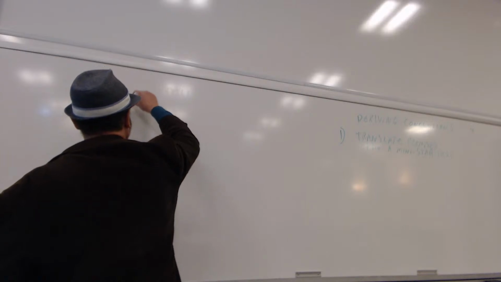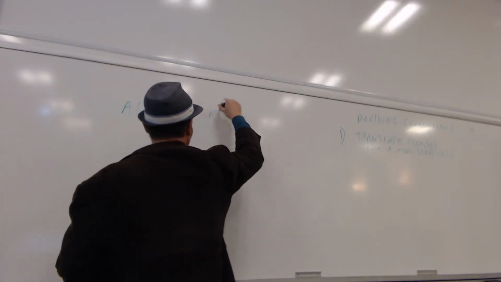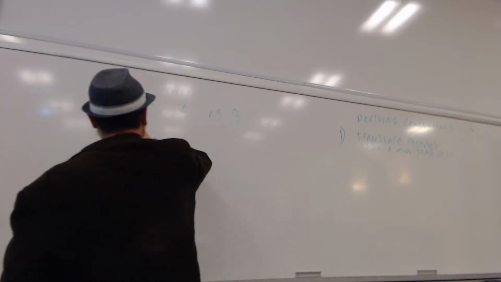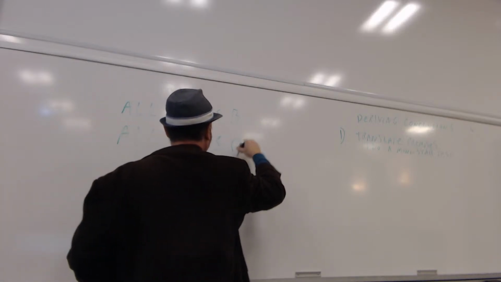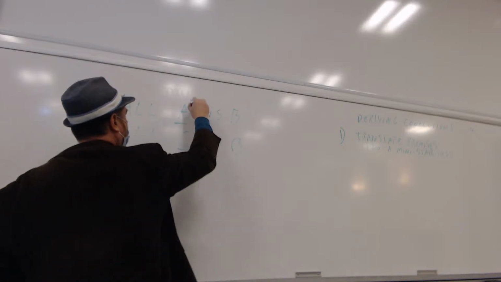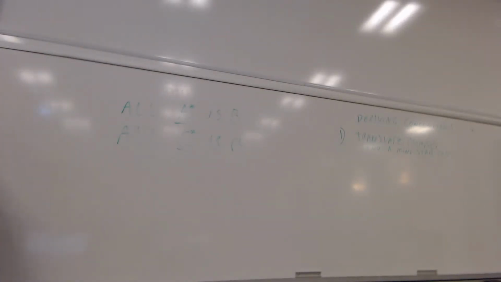If you have an argument where a capital letter appears twice and it hasn't been starred. So something like this: All A is B, all C is B. We then distribute and star. And on step 1, we can immediately tell that this cannot be valid.